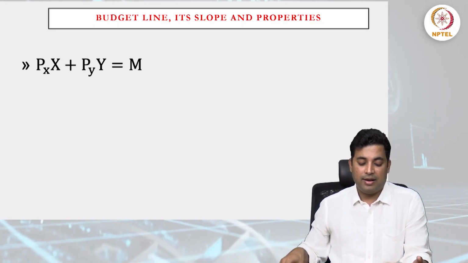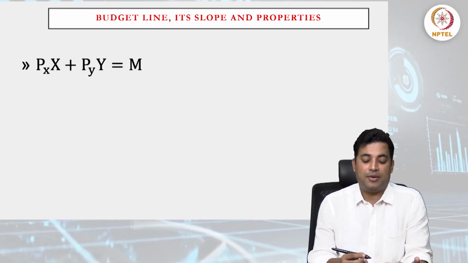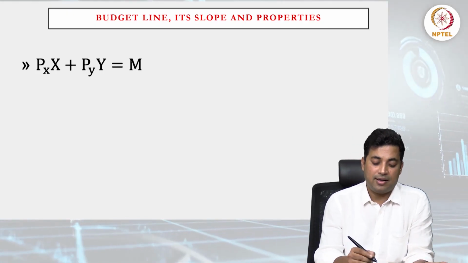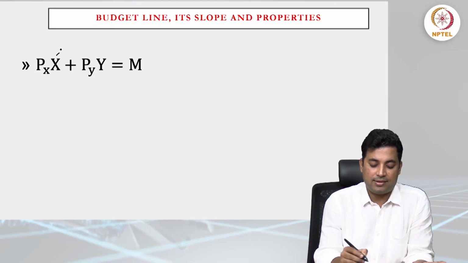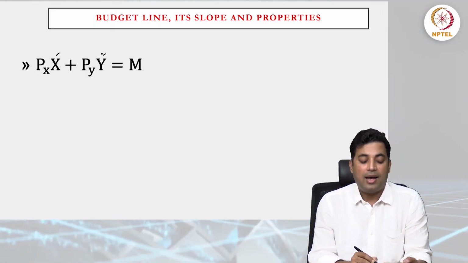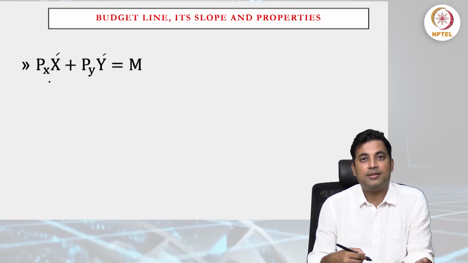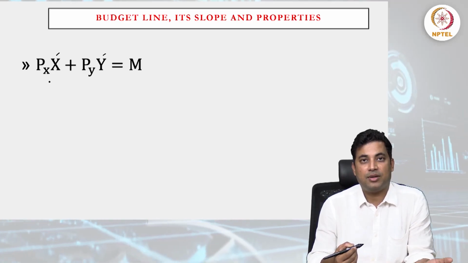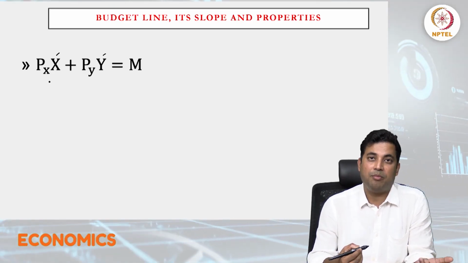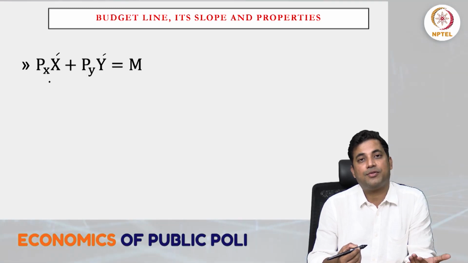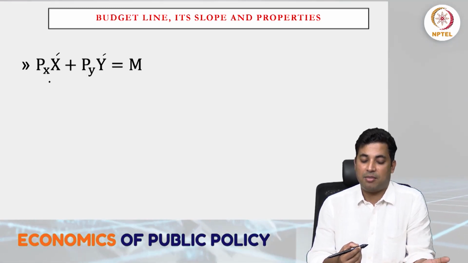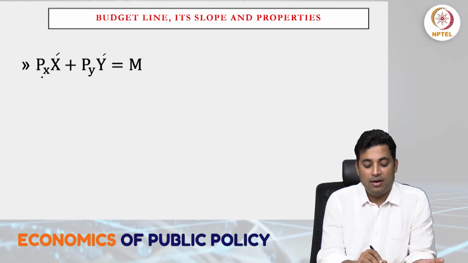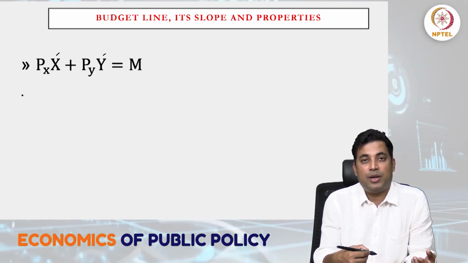Let's again have two commodities, commodity X and commodity Y, where the price of commodity X is Px and the price of commodity Y is Py.